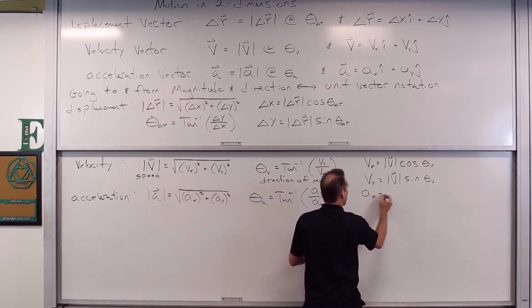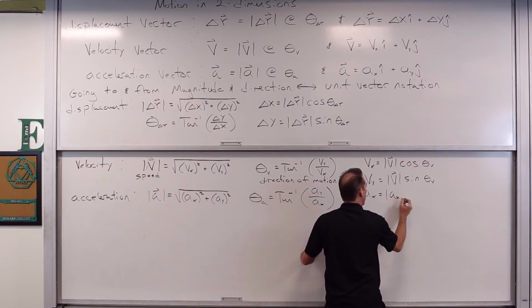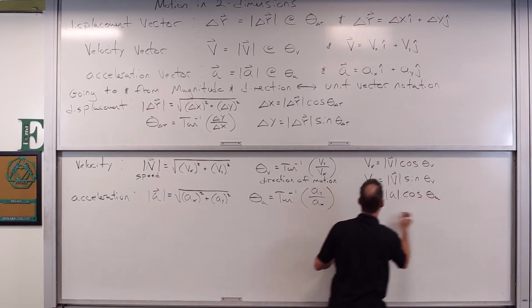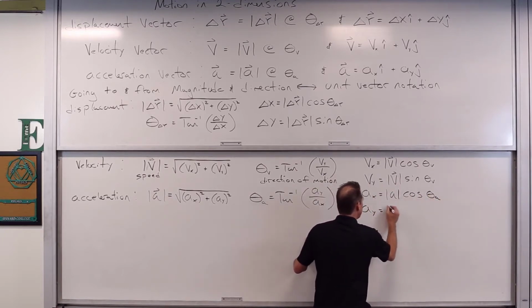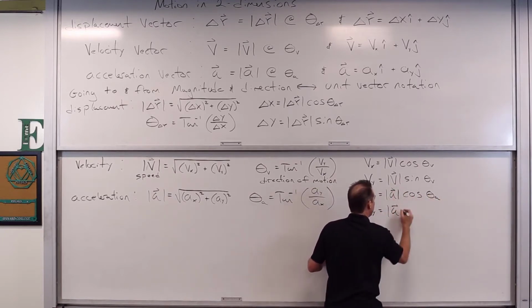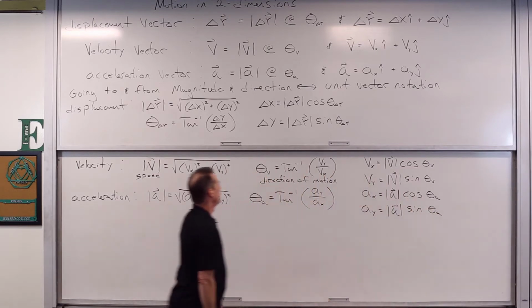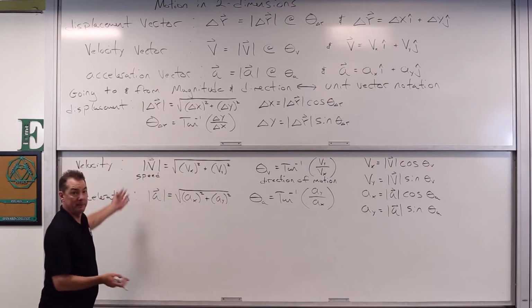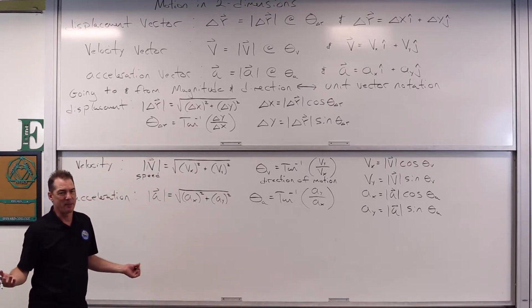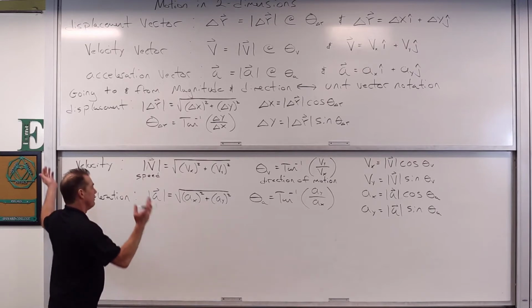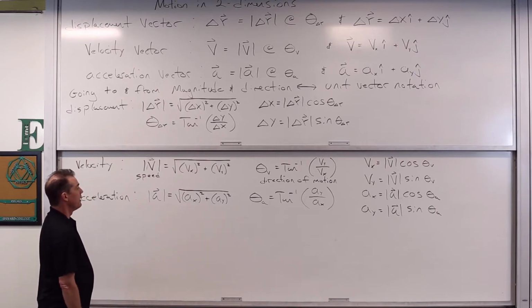And the x component of the acceleration is the magnitude of the acceleration, not a sub x, multiplied by the cosine of theta sub a. And a sub y is the magnitude of a times the sine of theta sub a. So hopefully you see there's a very common theme between these transformations. It's all based upon the same vector algebra that we did in the very beginning, and that's pretty much that.